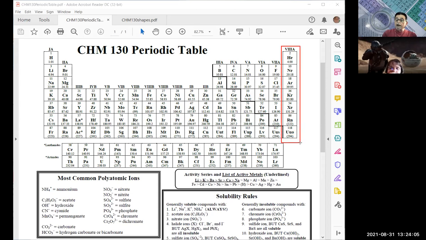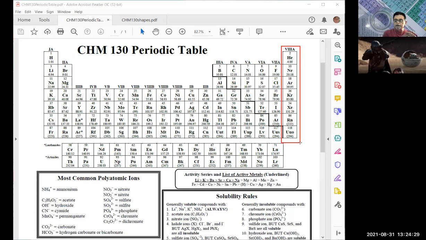Okay, they are called noble gases. And the reason they're called noble gases is because their outermost shell is full of electrons. And therefore, they have fulfilled a little rule that we have determined occurs, and that is the rule of 8, the octet.